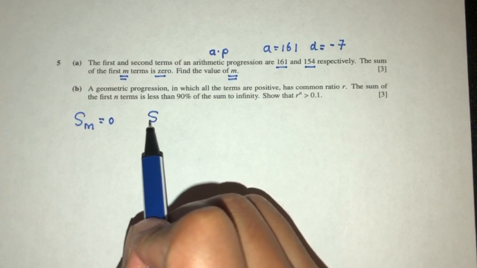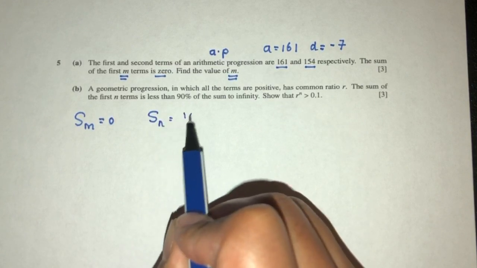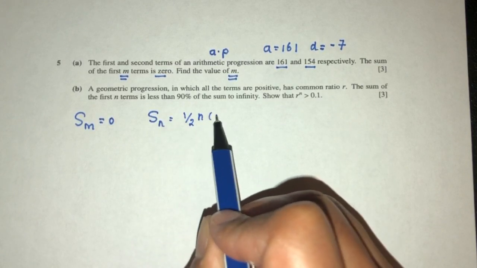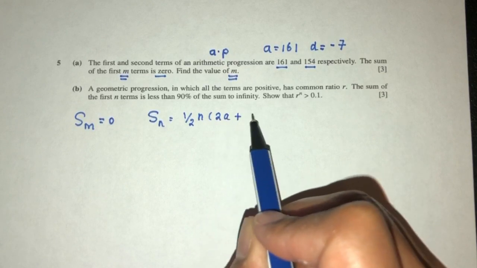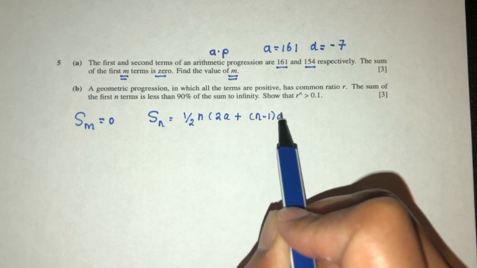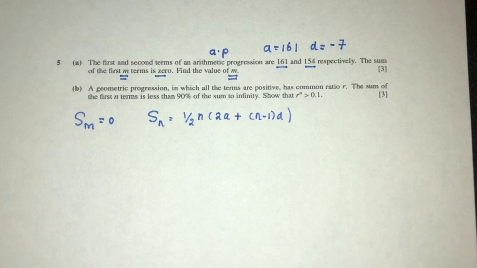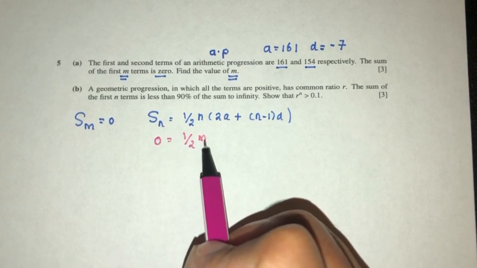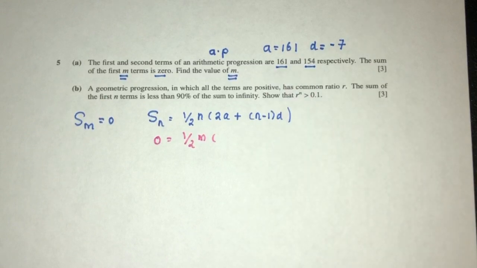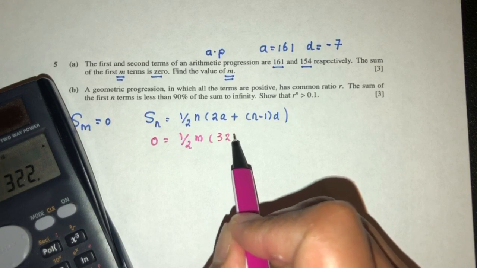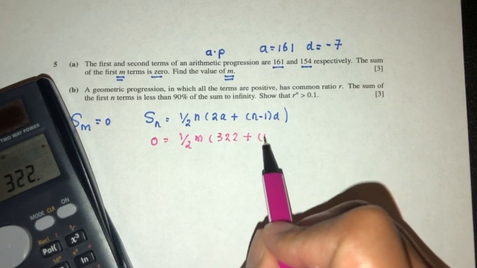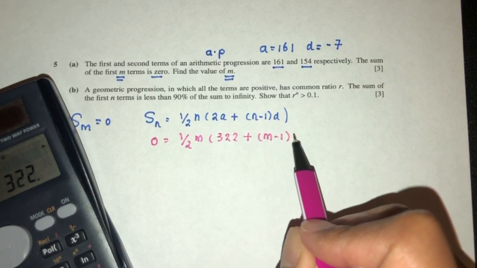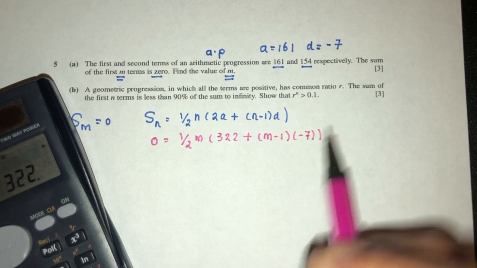So how do you find the sum of the first n terms? That should be half times n times 2a plus n minus 1 times d. So just replace, right? We know there should be 0 here. When n is equal to m, that should be m times 2 times 161, which is 322, plus m minus 1 times d, which is minus 7.